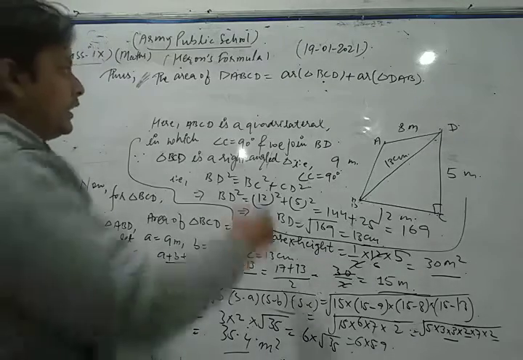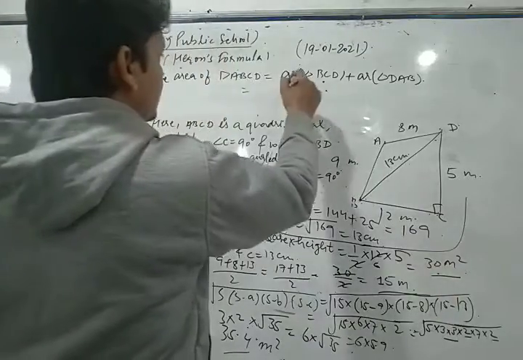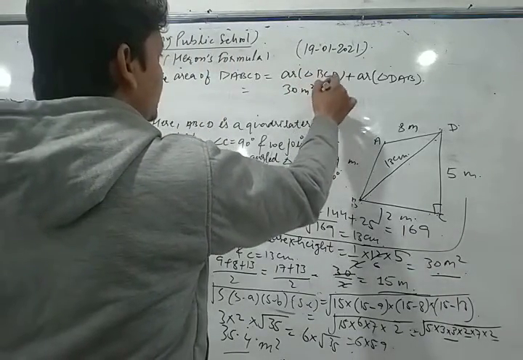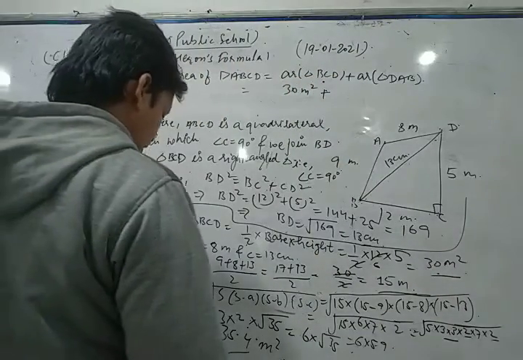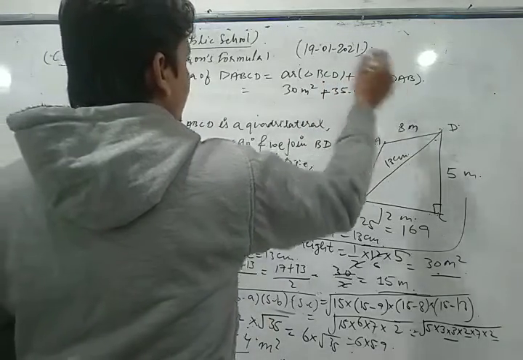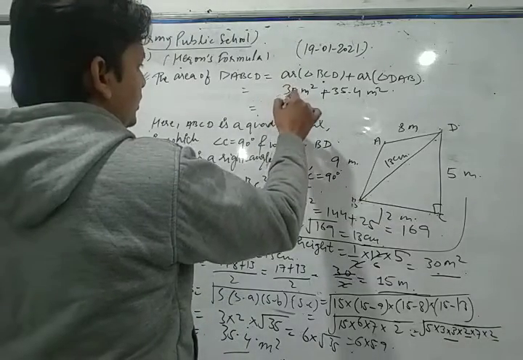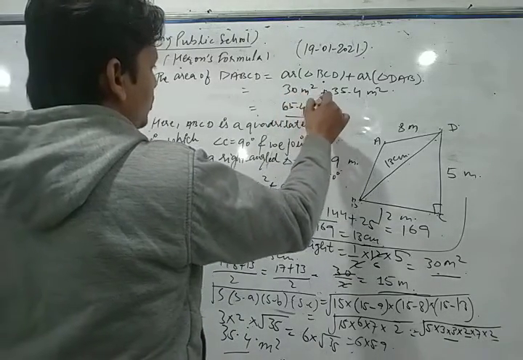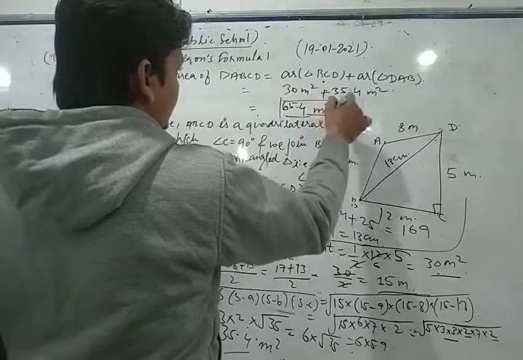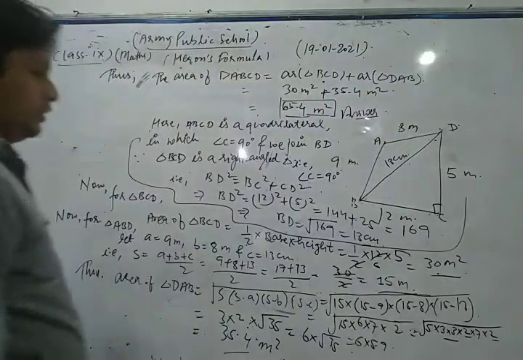Now adding them, area of triangle BCD is 30 meter square, plus area of triangle DAB is 35.4 meter square. So finally, adding them, we get 65.4 meter square. This is our required solution of the given question.